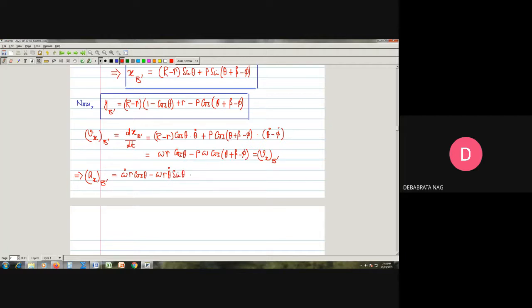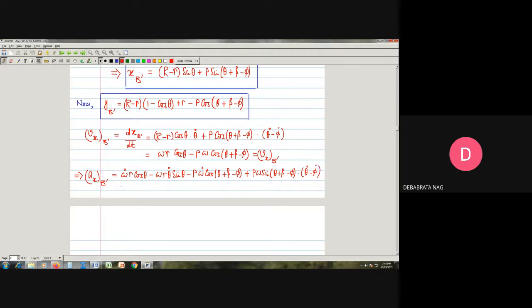Similarly, coming here we can have minus rho omega dot cos of theta plus beta minus phi. And then again we need to differentiate. This time it will become plus rho into omega sine of theta plus beta minus phi. And then again we will be having into theta dot minus phi dot, this thing.